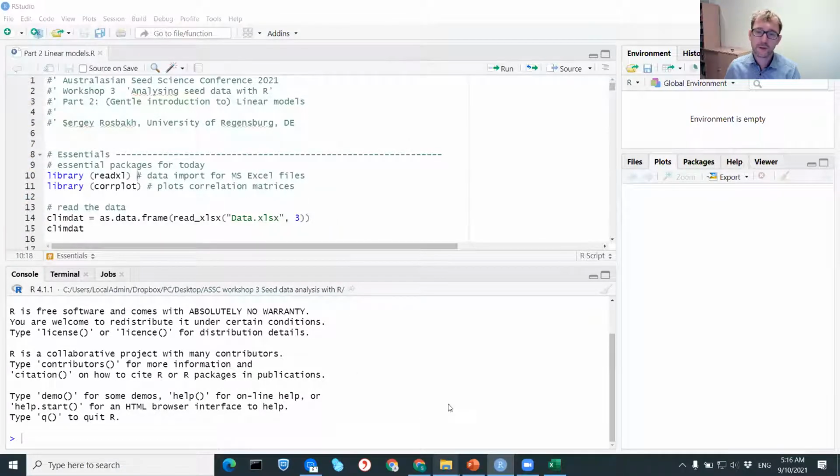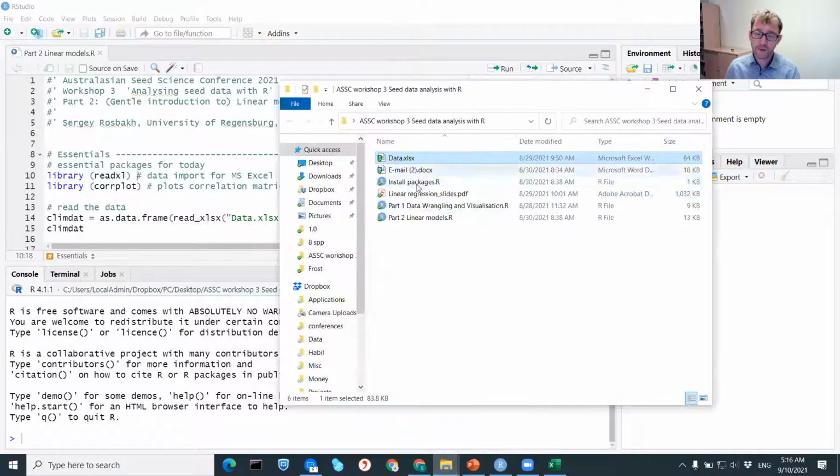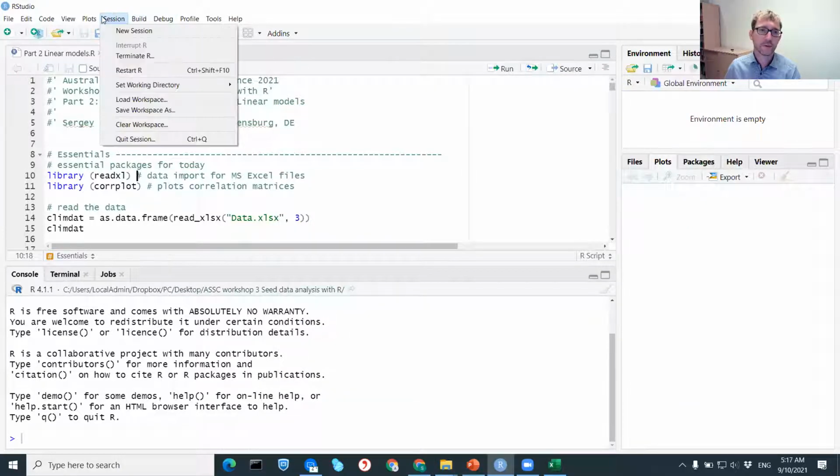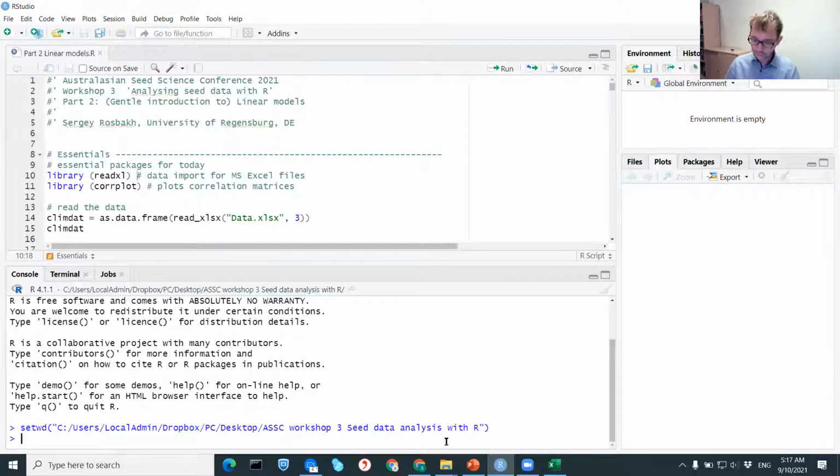But in this particular case, the data and the script are located in the very same folder. So I could simply go to Session, Set Working Directory, and choose To Source File Location. So now the software knows where the data are.